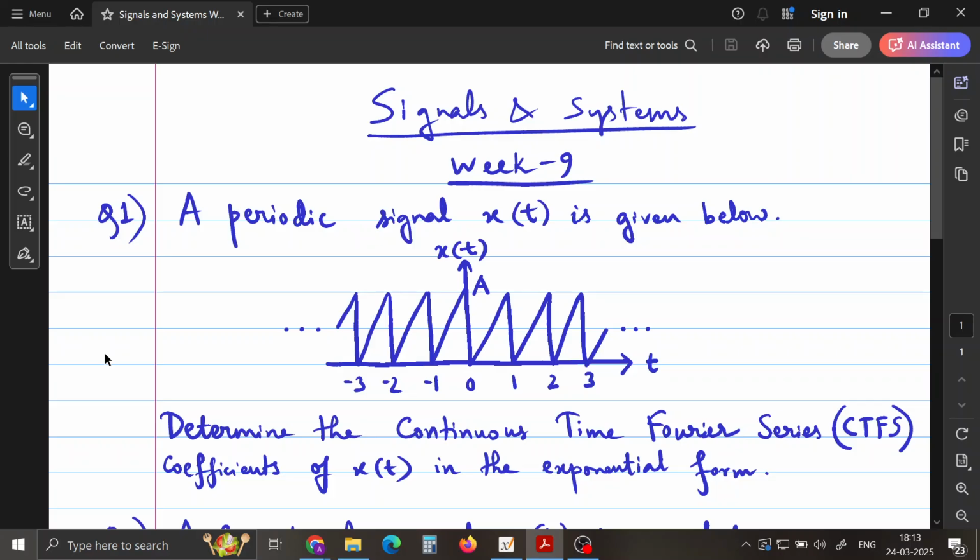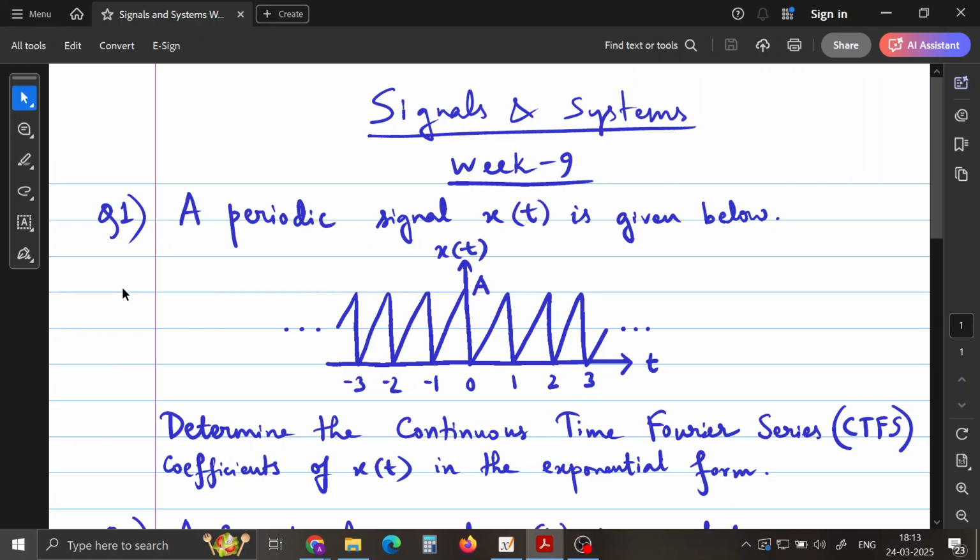So you are able to represent any periodic signal, provided that it satisfies the Dirichlet conditions, and only then will you be able to take its Fourier transform. The information about the signal x of t is captured inside these Fourier series coefficients, these a k, which are your continuous time Fourier series coefficients.